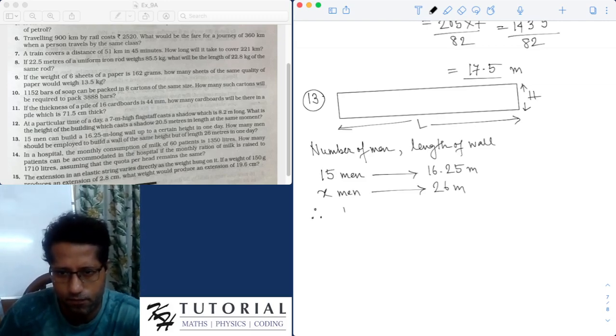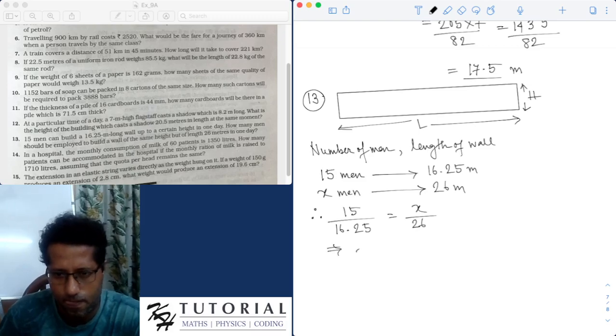Therefore, we have 15 by 16.25 equals X by 26. This implies X equals 26 multiplied by 15 divided by 16.25.